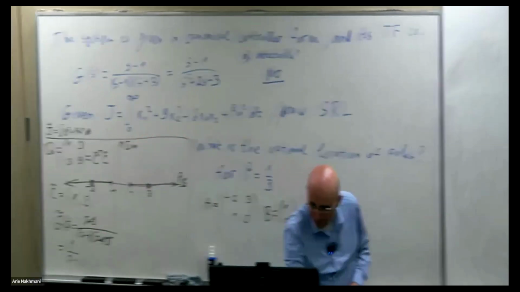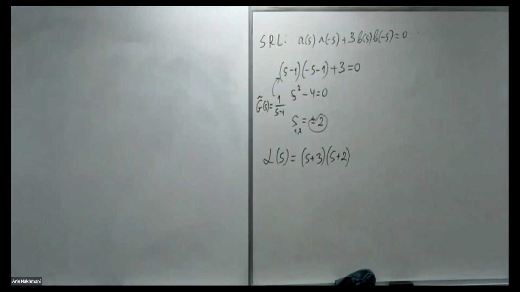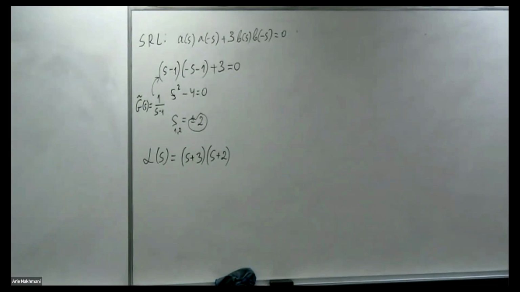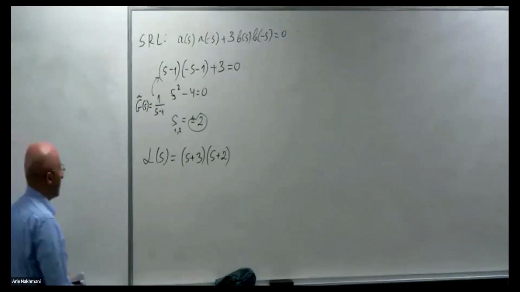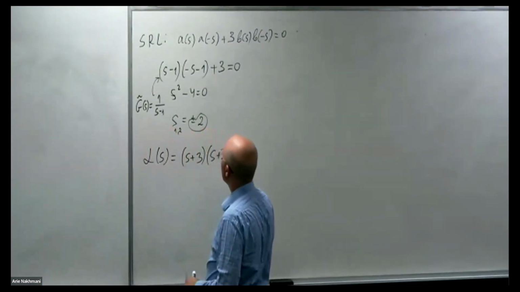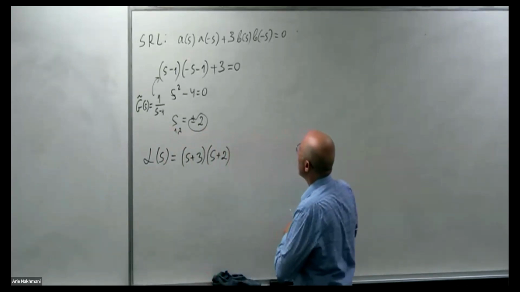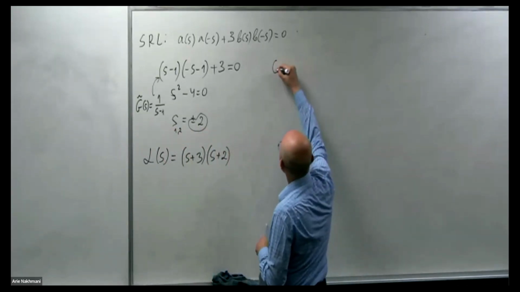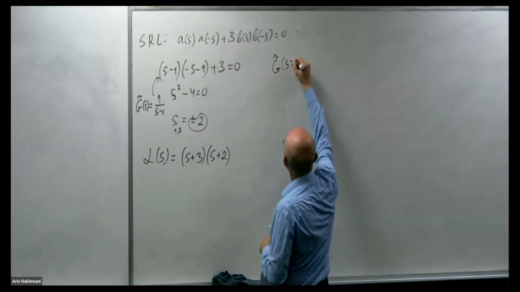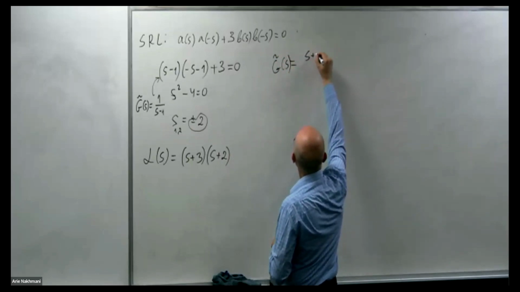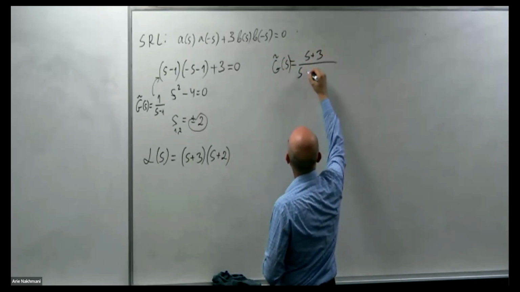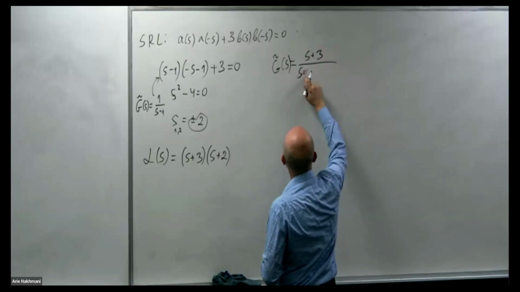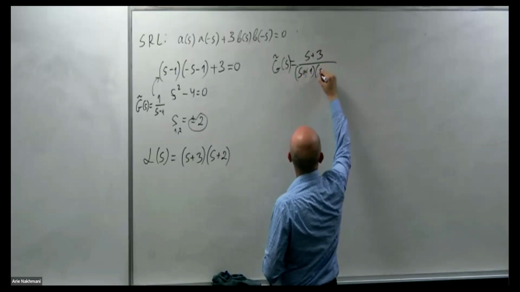Let me just move the camera. We can do it differently. Let's make it a full calculation. So G tilde of s is s plus 3 divided by s minus 1 times s plus 3.